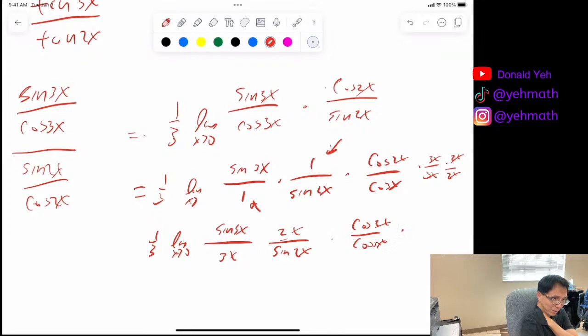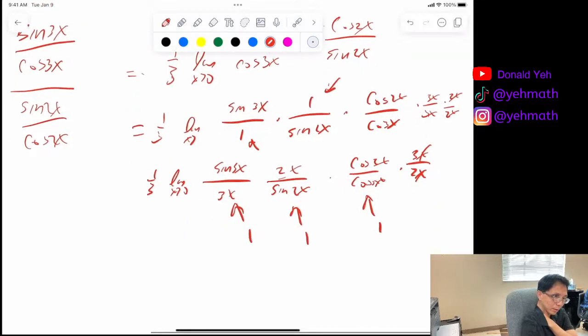And this one is going to be what? 3x over 2x, right? Is that right? So the x cancel out. This is 1. This is 1. This is 1. This is 3 over 2. So the answer is 1/2. Is that right? Yes. Nice.